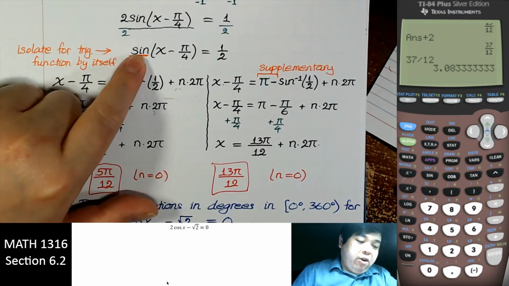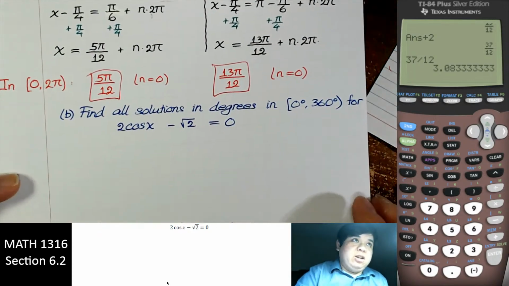First, we isolate the trig function by itself, and then we'll check the inverse.